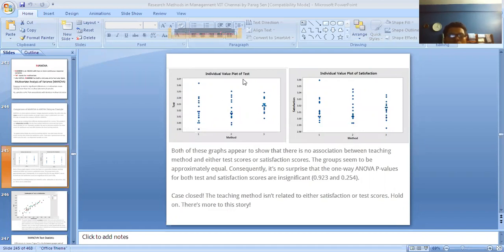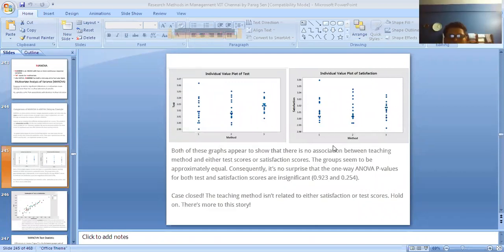No, not like that. They are all very scattered in nature. So it means the teaching methods do not have an effect on the test score, as you can observe from the graph.